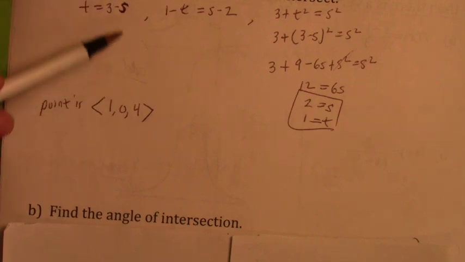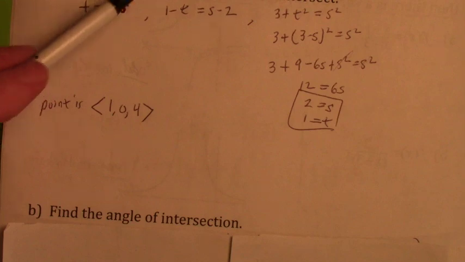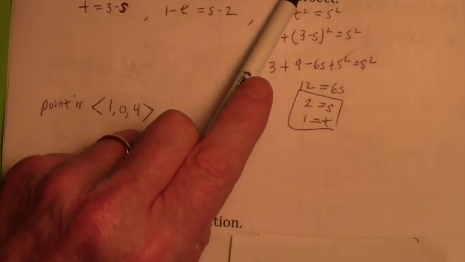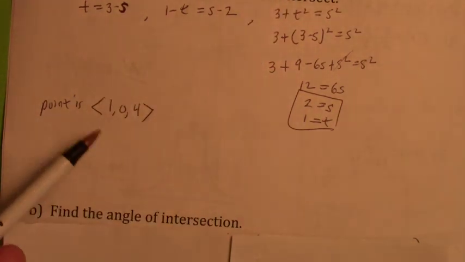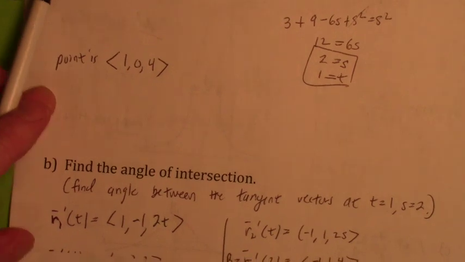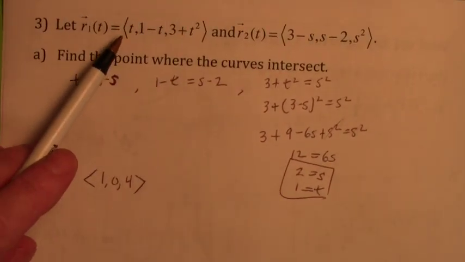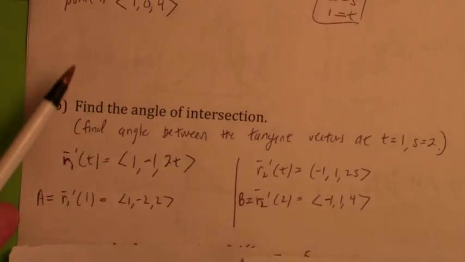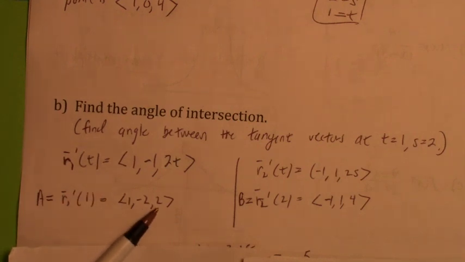So I want to find the direction vector for the tangent line to this vector function at this point, and the direction vector for the tangent line of this vector function at this point. And that's what you do. You take the derivative of the vector function in both cases. Then you plug in t equals 1 here, and you get 2, negative 2, 1, negative 2, 2.